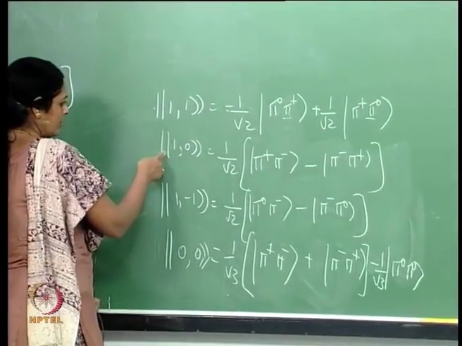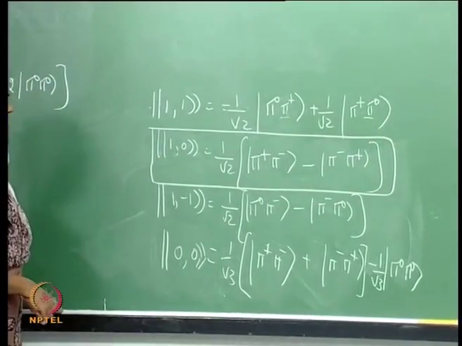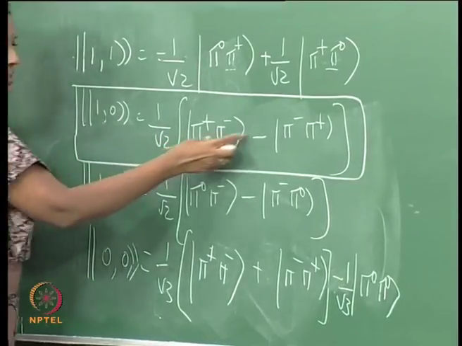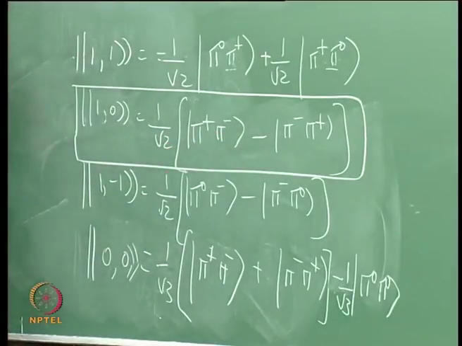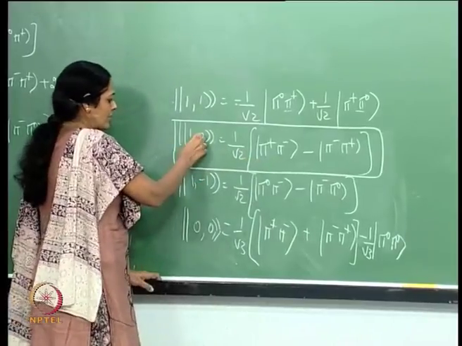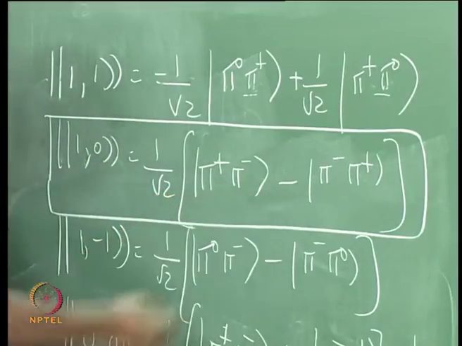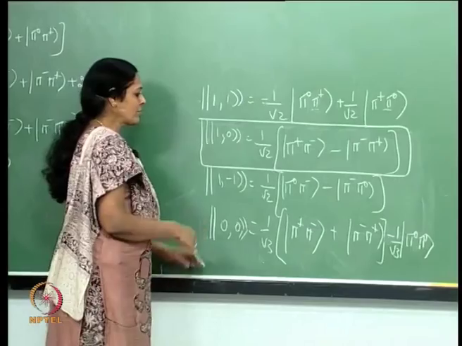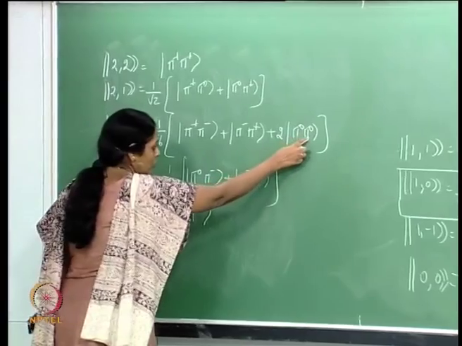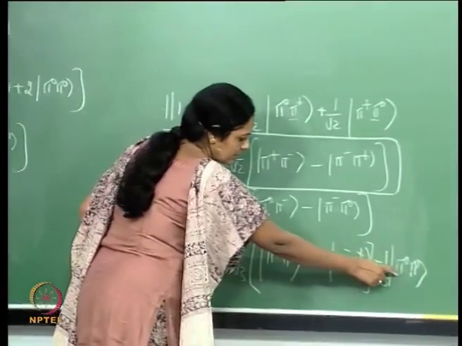I am looking at this particular one here, where I have expanded the coupled basis in terms of these uncoupled bases, and I wonder if there is a deeper symmetry which prevents a contribution from pi naught to this state, because certainly if M is 0, or if Iz is 0, I1z can be 0 and I2z can be 0, that is allowed. So at the face of it I would expect a pi naught contribution here, the same way that there was a pi naught contribution to 2 comma 0 and also to 0 comma 0 out there.